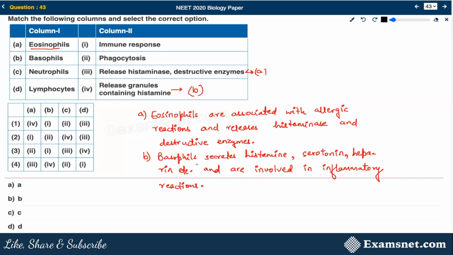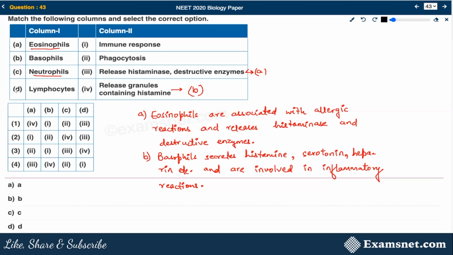Next is neutrophils. Neutrophils are involved in the process called phagocytosis. Basically, these are phagocytic cells.